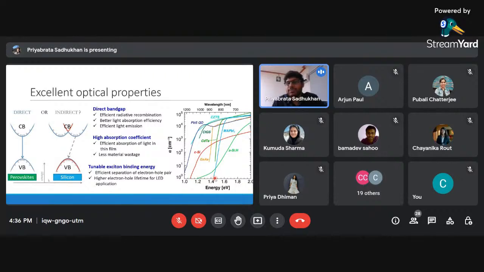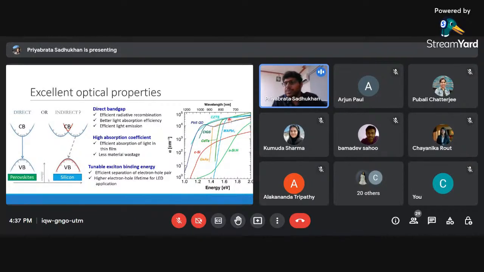So blue light has much higher energy in comparison to the red light. With the energy of the light, you can see the MaPbI3, which is a very good perovskite material, has very high absorption coefficient compared to silicon. This is amorphous silicon and crystalline silicon. Also, the gallium arsenide also doesn't have that much absorption coefficient.